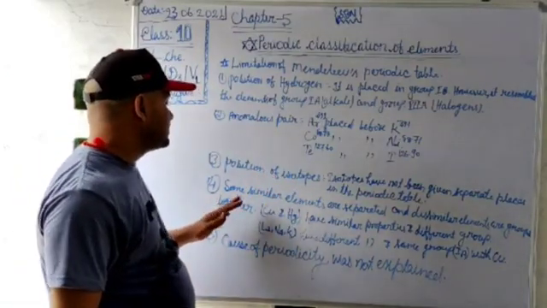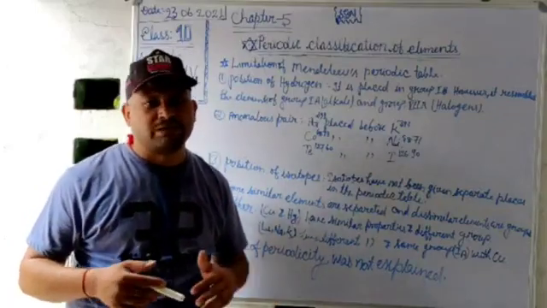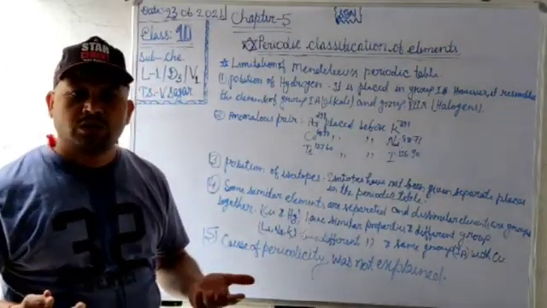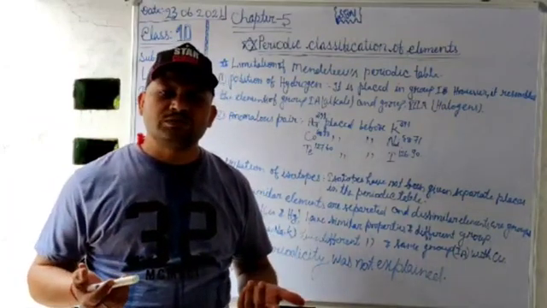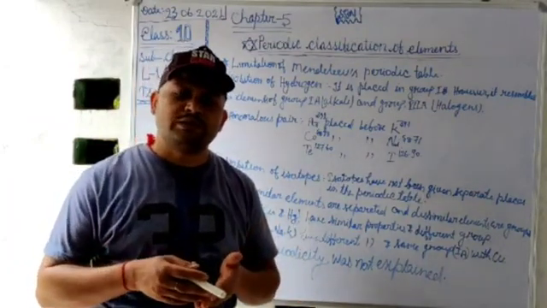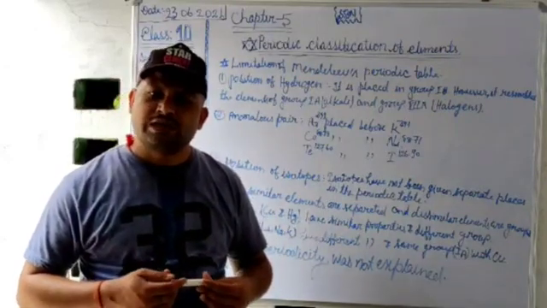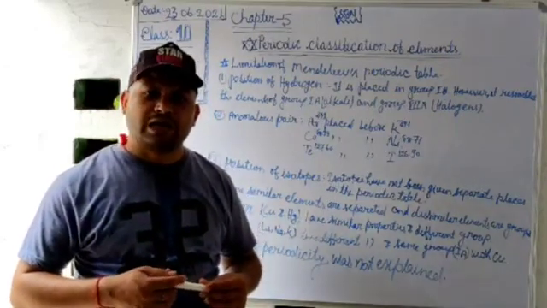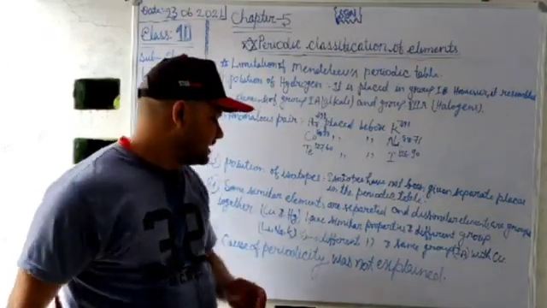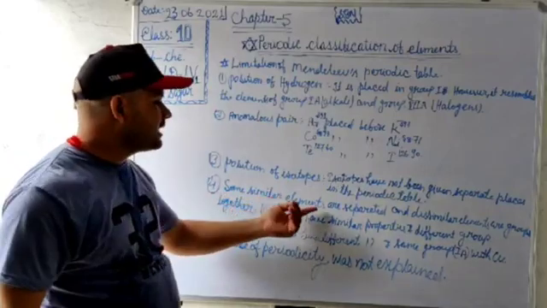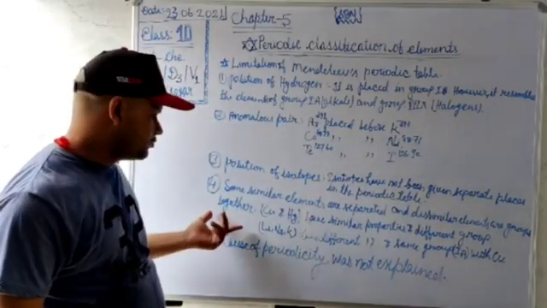And in the same way, some elements show the same properties but are placed in different groups. Some elements are placed in different groups but show the same properties, and it was not explained by Mendeleev. That's why the rejection of Mendeleev's periodic table took place. Some similar elements are separated and dissimilar elements are grouped together.